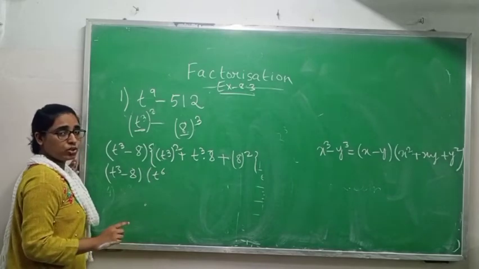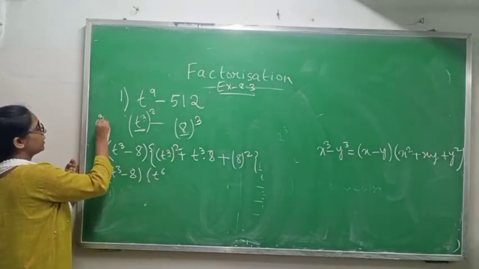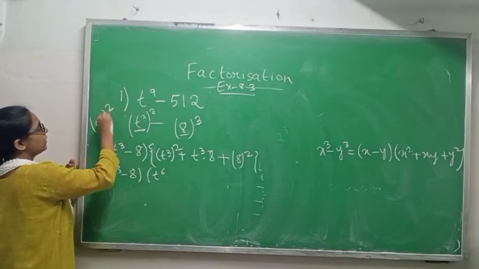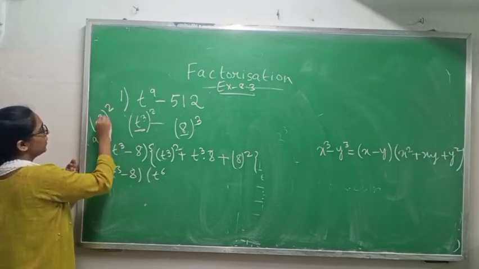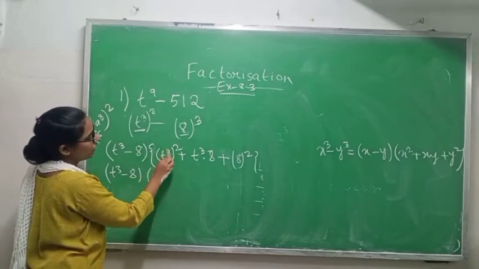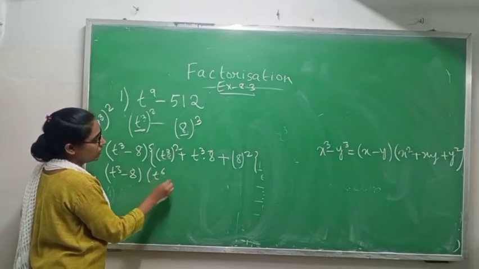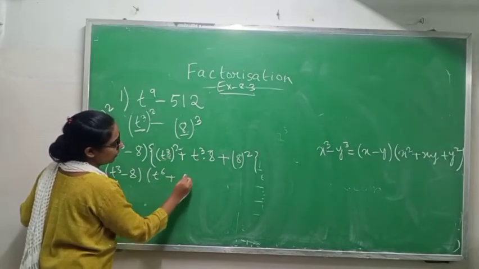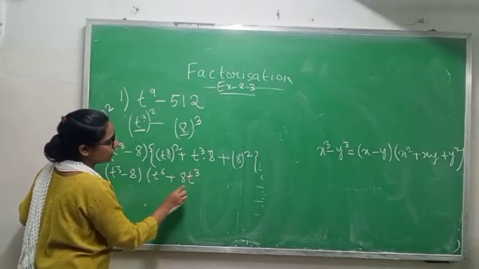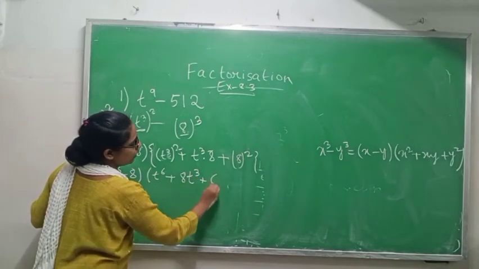You have done laws of indices: when you have a power 3 and then a whole power, this power will multiply. This one will become 3 2s are 6. Same I have done. Power 3 to the power 3 is already here, and one more square is here. So 3 2s are 6, 3 power 6. And this one, we can multiply 8 t cube. First write the number, then write any variables. 8 square will give you 64.